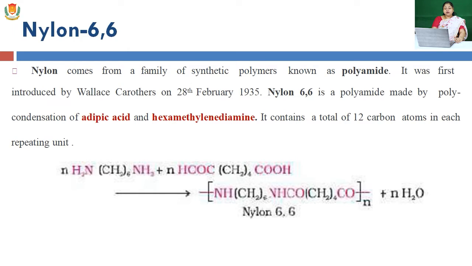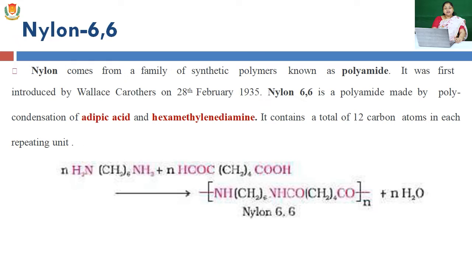Nylon 6,6 is a polyamide which is made by polycondensation reaction of adipic acid and hexamethylene diamine. It contains a total of 12 carbon atoms in each repeating unit.